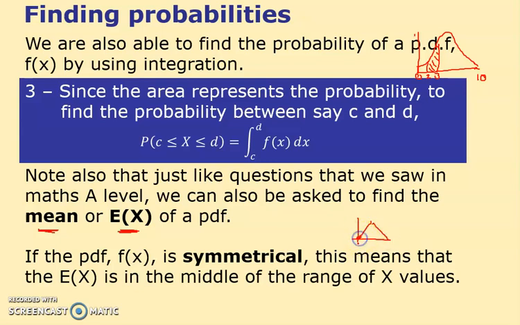If you set it right, that's 0, that's 3, and that's 6, you're thinking, well, okay, that's exactly symmetrical. It basically tells us that E of x, the mean, in this case, is exactly 3. You can just see it by symmetry. So look out for symmetrical PDFs, because it tells you that the expectation, the mean, the E of x, is right bang in the middle of it.